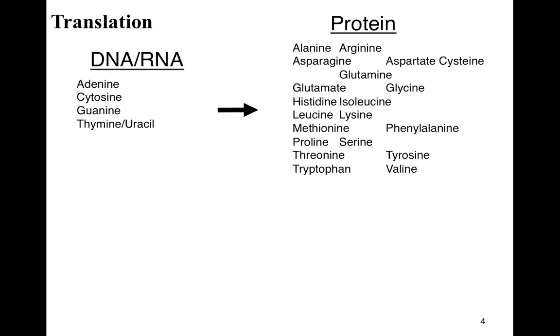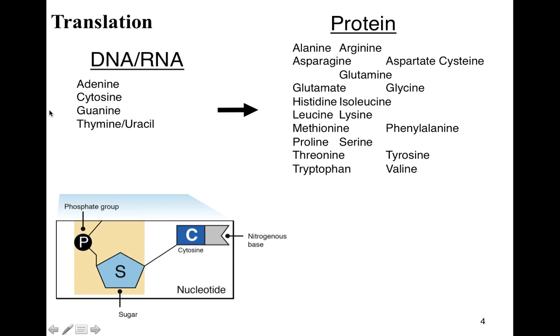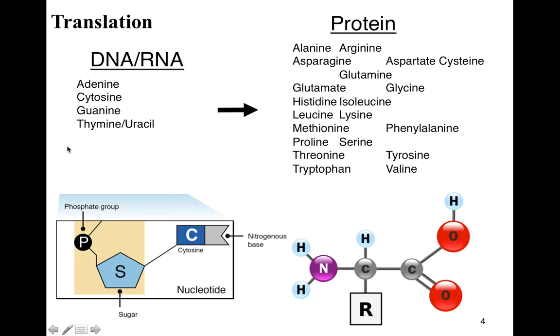So the next stage of gene expression is translation. I want you to take a moment and think about the structure of a nucleotide and the structure of an amino acid. We've done these before. What we are really talking about is how a nucleotide code, how an adenine, cytosine, guanine, thymine, uracil, can be converted into an amino acid.